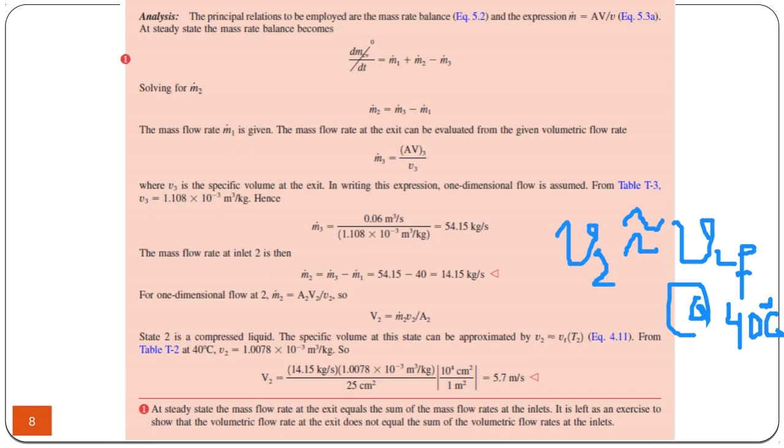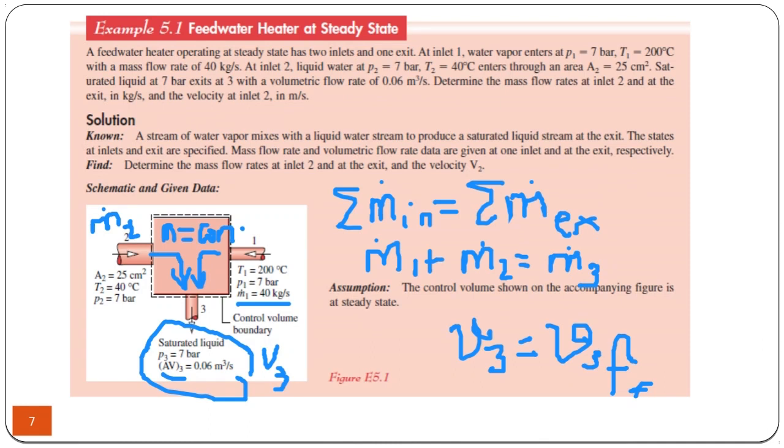So in this example, we use the principle of conservation of mass, and it was a steady state situation, so that the time rate of change of the mass inside the control volume is 0, so that the sum of the incoming masses must be equal to the sum of the exiting masses, and this is only valid for steady state, where dm/dt is 0.